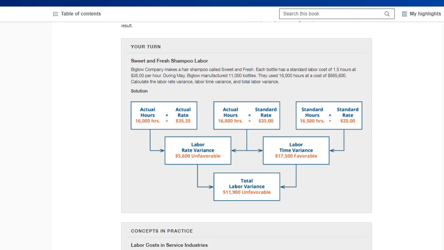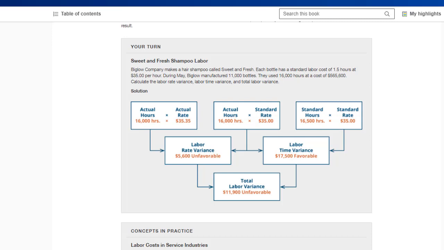However, you overpaid your original budget by 35 cents an hour. 35 cents an hour times 16,000 hours is $5,600.